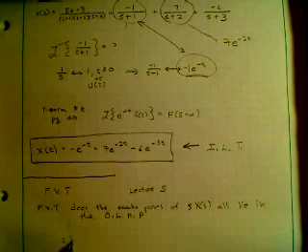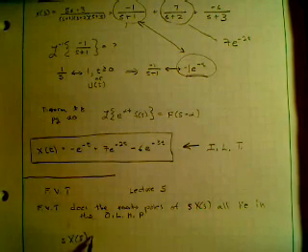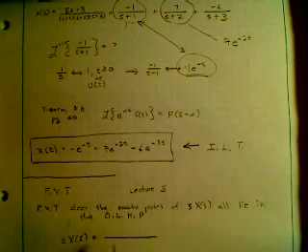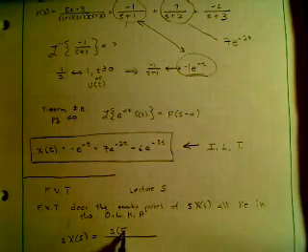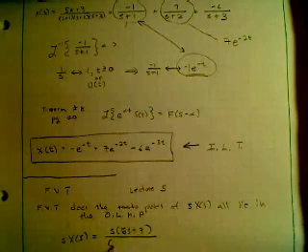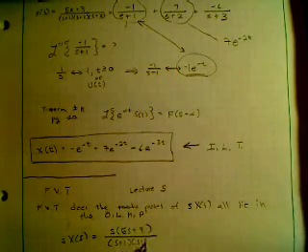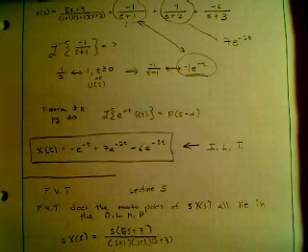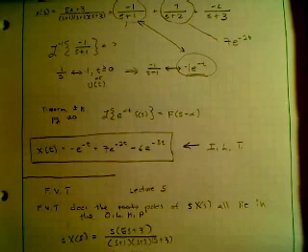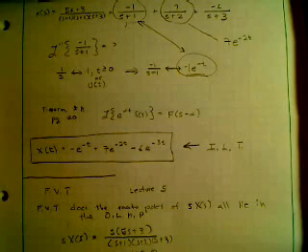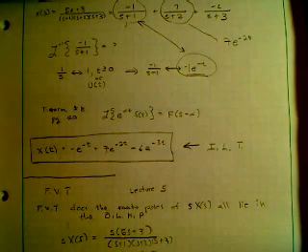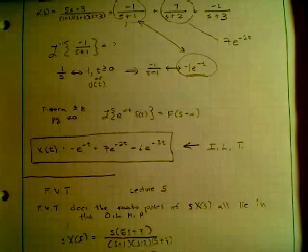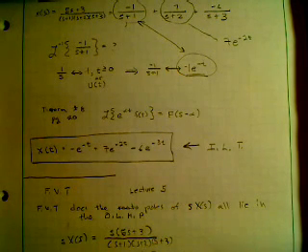So s times X of s would be s times 5s plus 3 over (s plus 1)(s plus 2)(s plus 3). And here the poles are at s equals minus 1, minus 2, minus 3. So all the poles lie in the open left half plane.